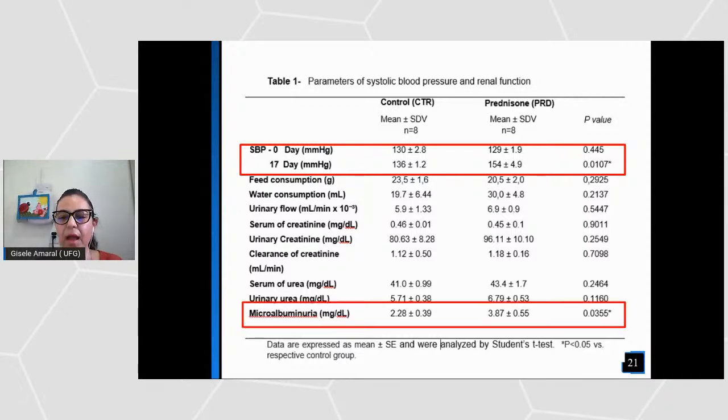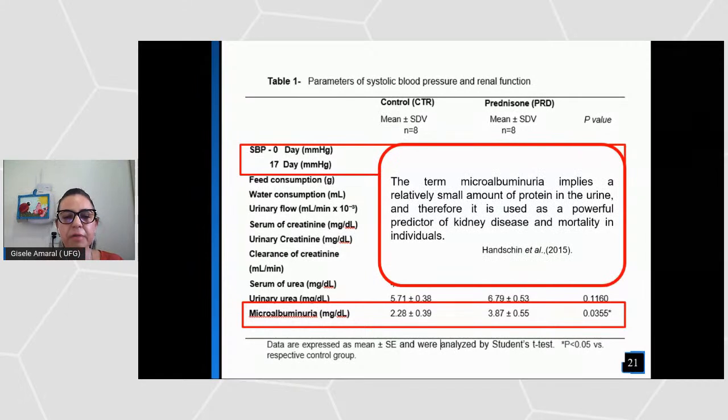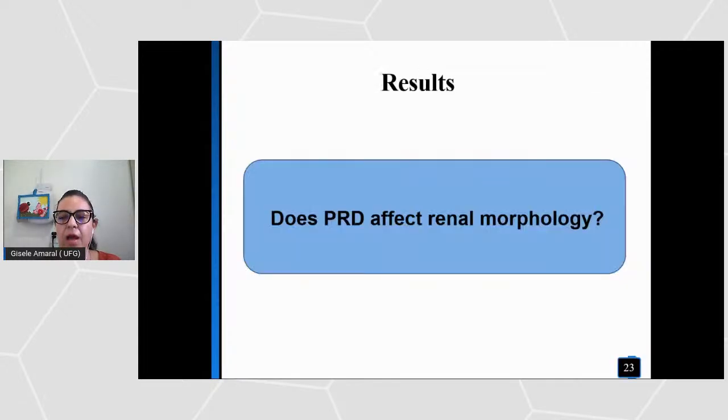However, when we analyze microalbuminuria dosage, it is possible to observe an increase in the prednisone group. The term microalbuminuria implies a relatively small amount of protein in the urine, and therefore it is used as a powerful predictor of kidney disease and mortality in individuals.